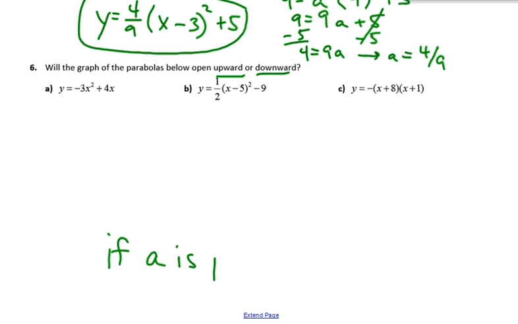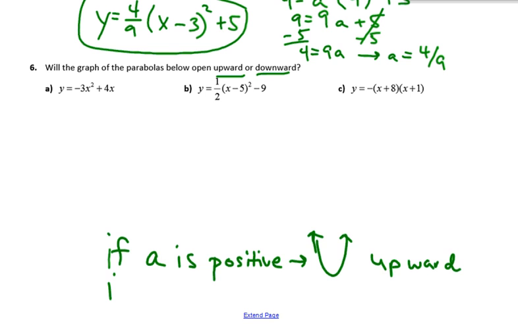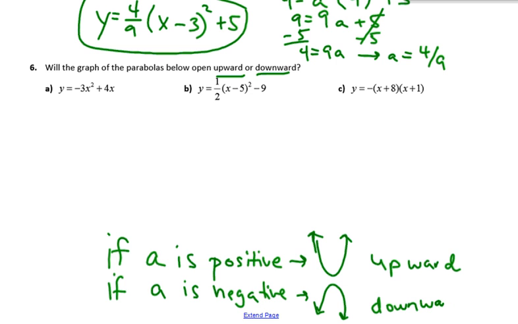If A is positive, then the graph will be opening up. Okay, so upward. And then if A is negative, then the graph will be opening downward. So that's very easy. A is just the first number that you see in your equation.